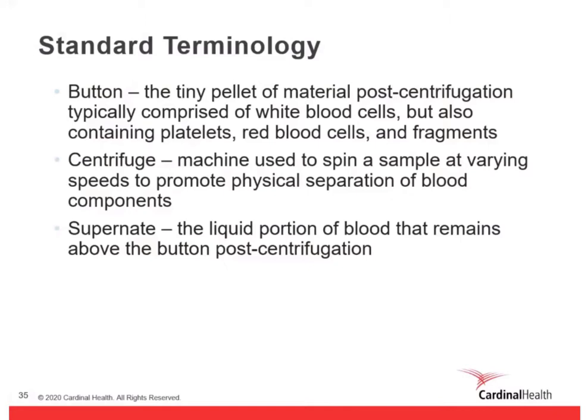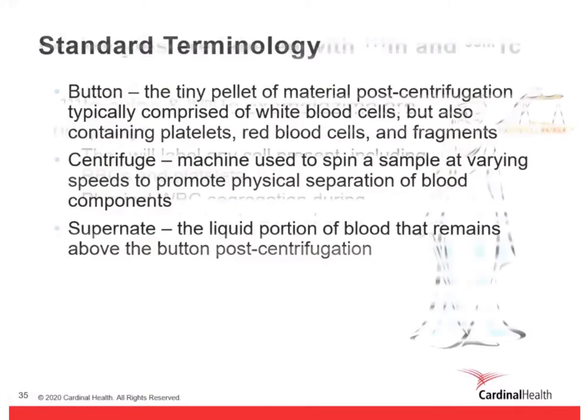The centrifuge is a machine that we use to spin the sample at various speeds to help us physically separate the blood components. Finally, the supernate. The supernate of the white blood cells is paramount to a good scan, and that's because we're going to use this to help reconstitute the button after we spin it.